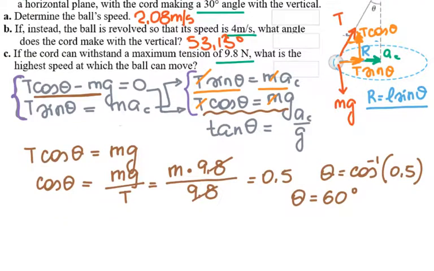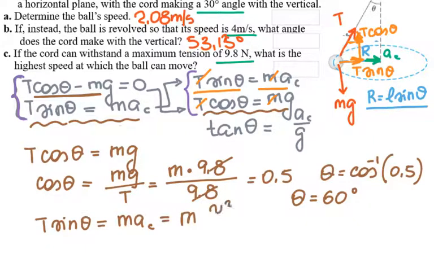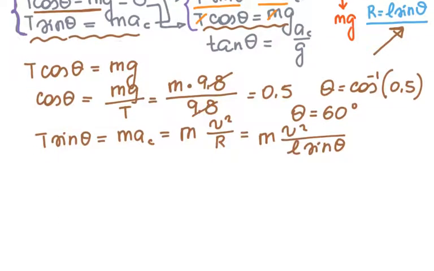Now, since I know theta is 60 degrees, I can use the second equation, which is T sine theta is equal to m a_c, which is m times v squared over r, but your r is L sine theta, right there where we figured out what the radius is equal to. So we have mv squared over r, which is L sine theta. I'm going to multiply both sides of this equation by L sine theta, so we don't have a fraction.